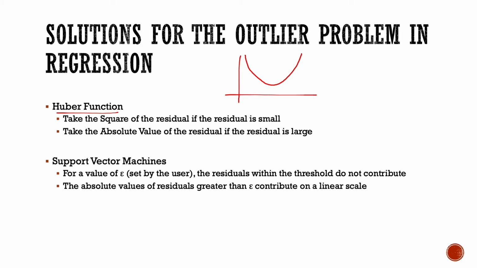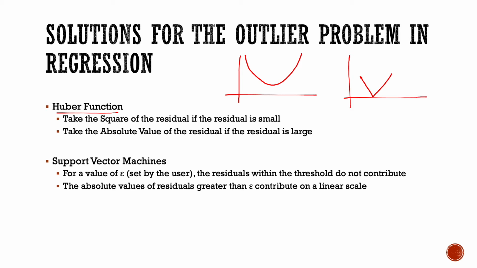We know that this is going to be parabolic because we are taking the square. Now instead of taking the square, if I take the absolute value, first of all the range of values will become much smaller, and then the absolute value of errors will be something like this. So this in a way will solve the problem of outliers to the extent that the outliers will have less impact on the linear regression equation.